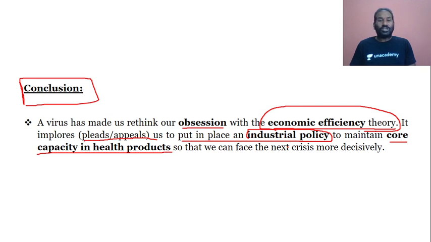India has to be ready with an industrial policy with core capacity in health products, so that we can face the next crisis more decisively, more accurately, more promptly, not depending on imports of raw materials from China or ventilators from other countries.